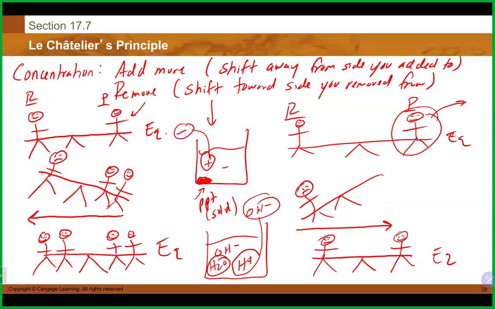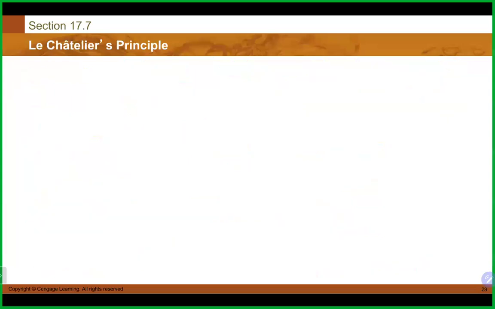All right, so now in addition to concentration, when we talk about pressure and volume, they are oftentimes tied together. If you remember our friend Boyle, there is a relationship between pressure and volume. As the pressure goes up, the volume goes down, and vice versa.